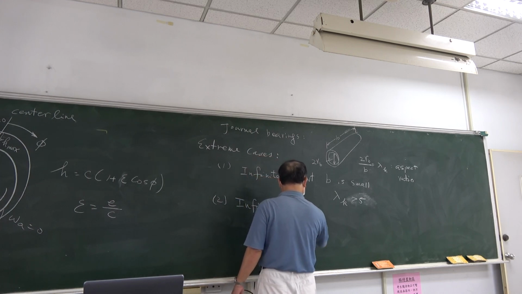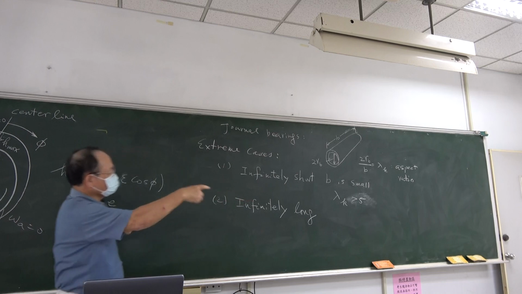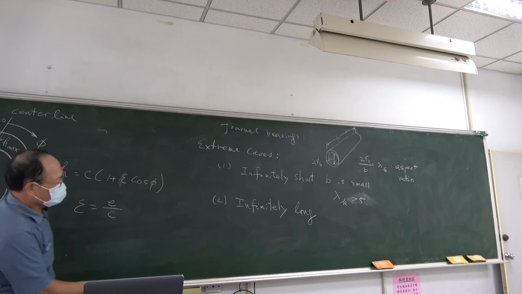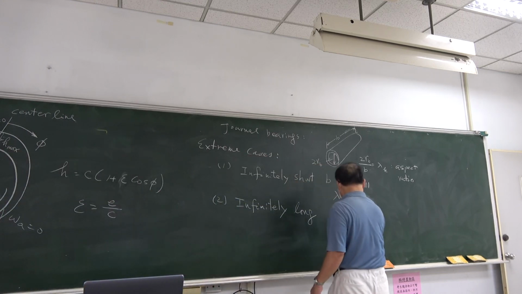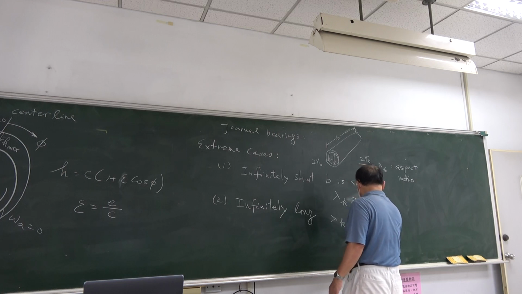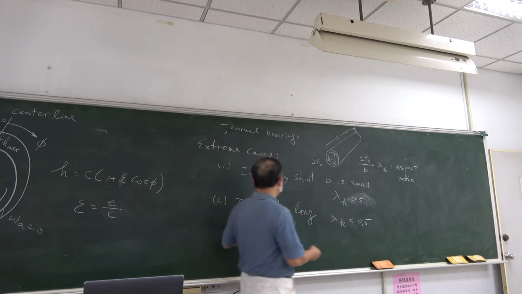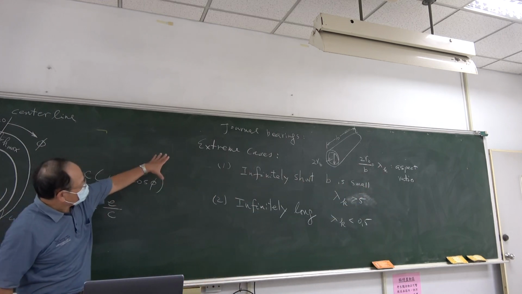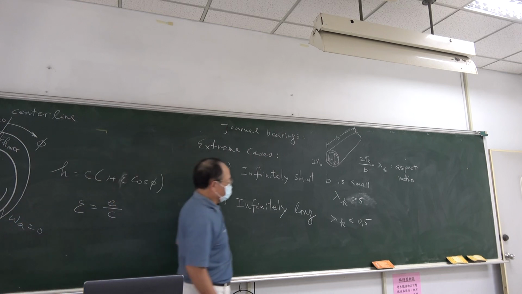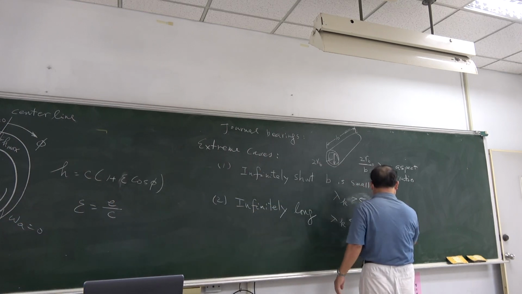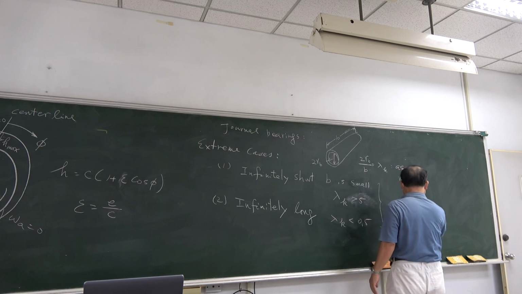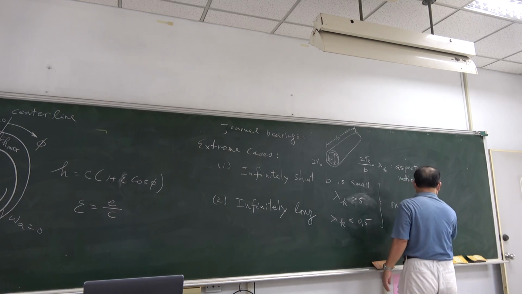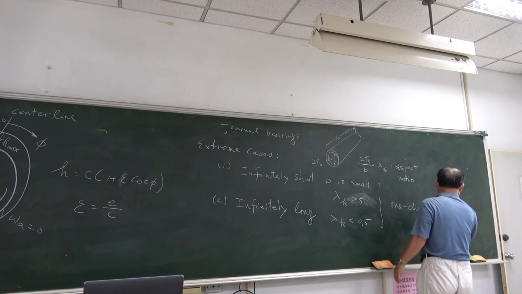Long. The bearing is very long, meaning the B is very large. In this case, lambda K is more than 0.5. Okay, in this case we can consider it as a one-dimensional bearing. 一维的 bearing. Okay.